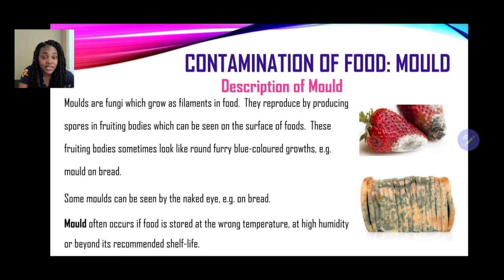For example, as you see there with the bread, molds often occur if food is stored at the wrong temperature. So we speak of time and temperature abuse there, right? We also speak of high humidity, that means moisture is being introduced there, or food kept beyond its recommended shelf life.